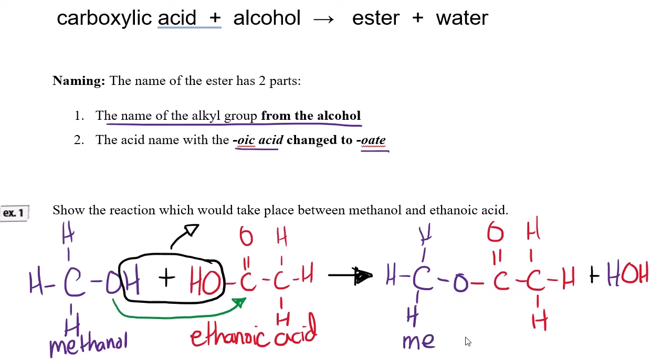So that will be named as methyl. And then I do have a space here, which is uncommon for organic names so far. This part here, it came from an ethanoic acid, so it's going to get changed to ethanoate. So the name of this ester then is methyl ethanoate.